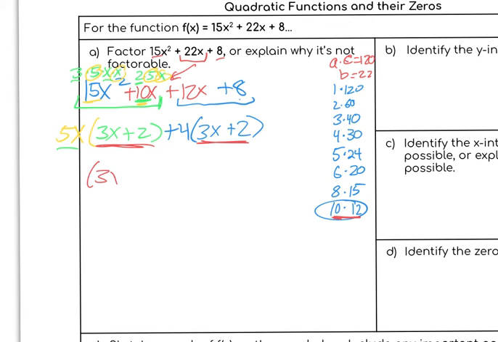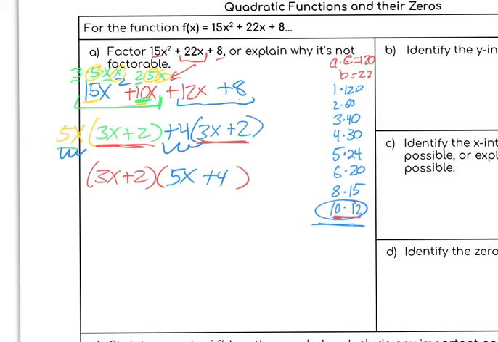Those come out front and get combined into one parentheses, and the other one is going to be built from our leftovers, and that's going to be 5x plus 4. So that is factorable. If it were not factorable, a really good hint is if you cannot find numbers that work for the sum and multiple thing, that means that we're not factorable.